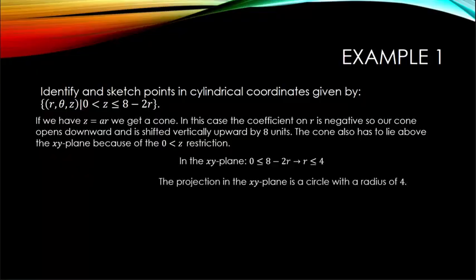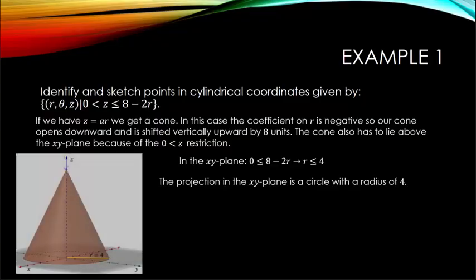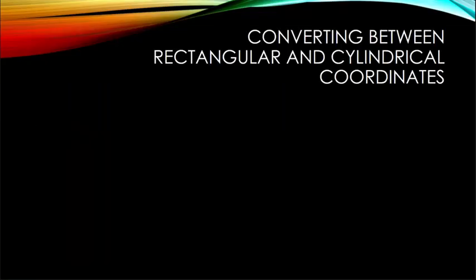The projection onto the xy plane is a circle with a radius of 4. This gives me a cone with a base radius of 4 that hovers just above the xy plane and is centered about the z-axis with a peak at the point z equal to 8 on the z-axis. To convert between rectangular and cylindrical coordinates, we're simply extending what we already did to go from rectangular to polar coordinates.